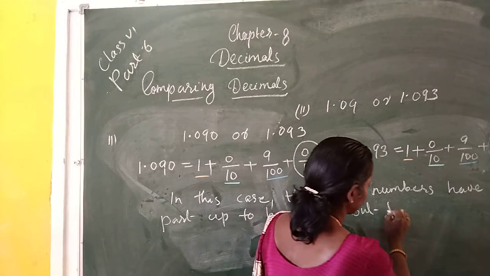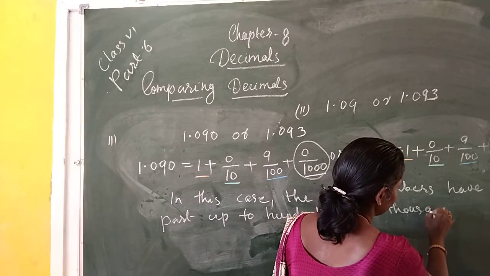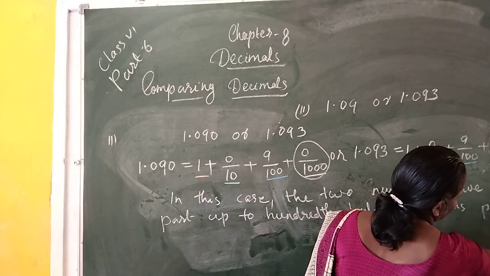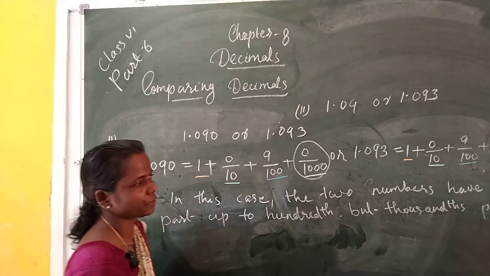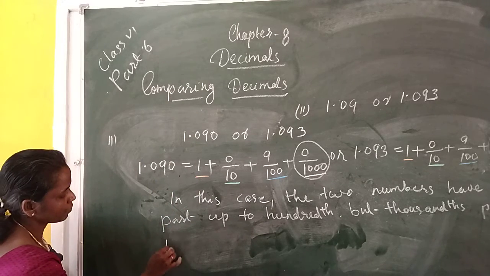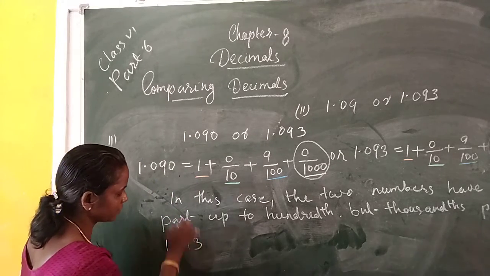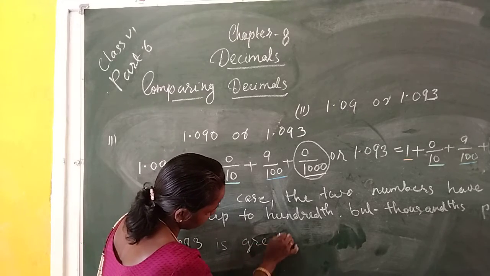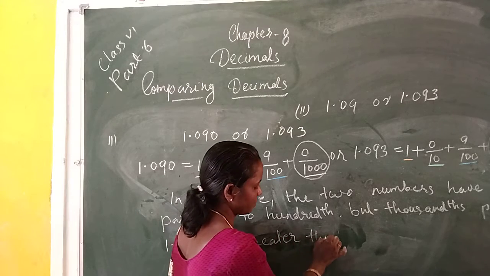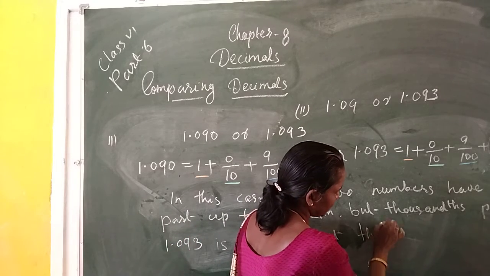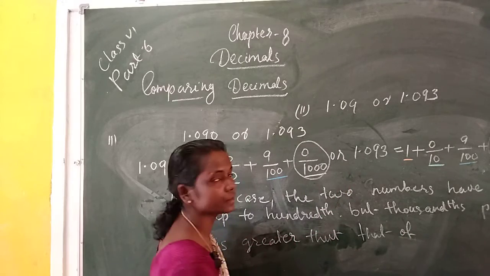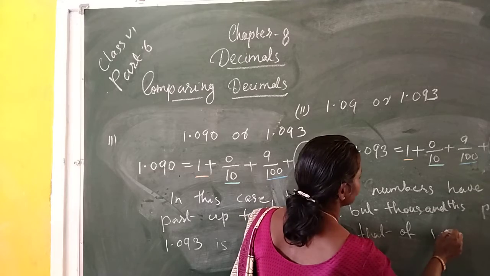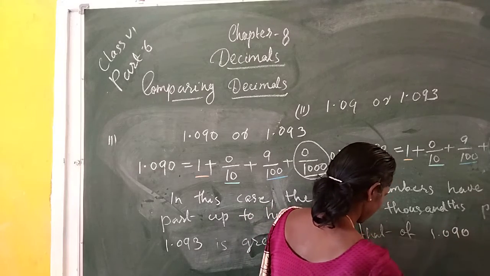But 1000 part of 1.093 is greater than that of 1 decimal 090.